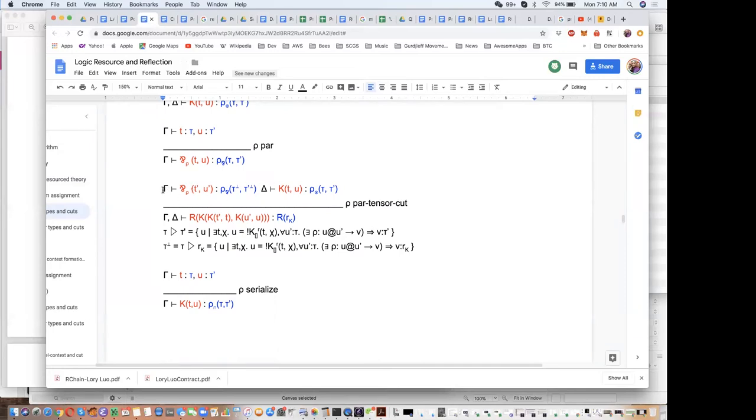So we have these type sequences where gamma is a typing context, and that's enough to establish that this thing is typed this way, and delta is another independent typing context, and that's enough to establish. So we read the turnstile as "thinks that". So you would read this in English: gamma thinks that the par of T prime and U prime is of type rho par, tau perp, tau prime perp. And then if delta thinks that K of TU is rho tensor, tau prime.